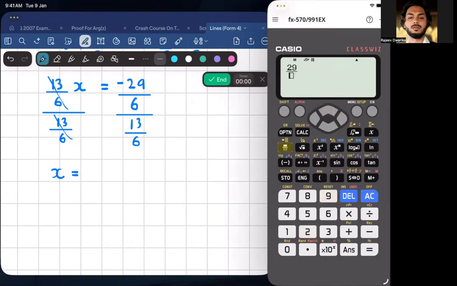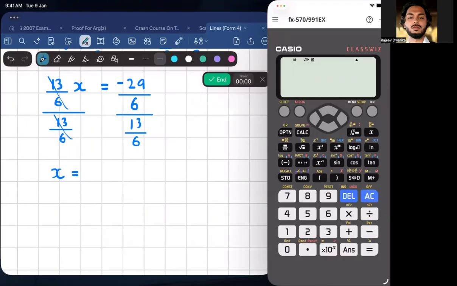Try something: 29 over 6, 13 over 6. Yeah, that's how you do it. And you should get minus 29 over 13.